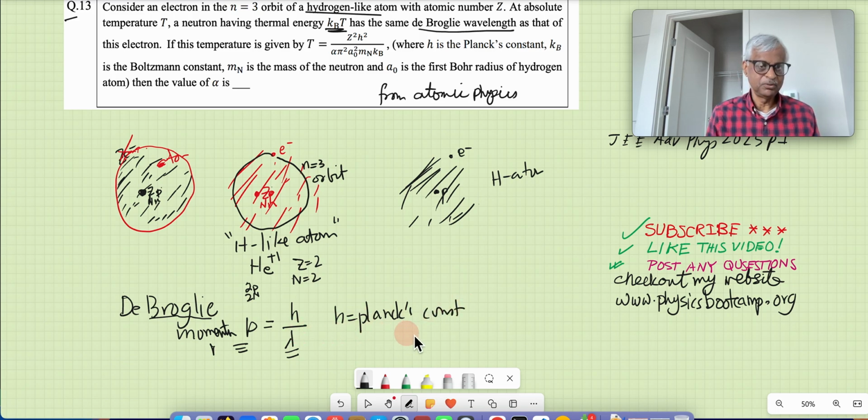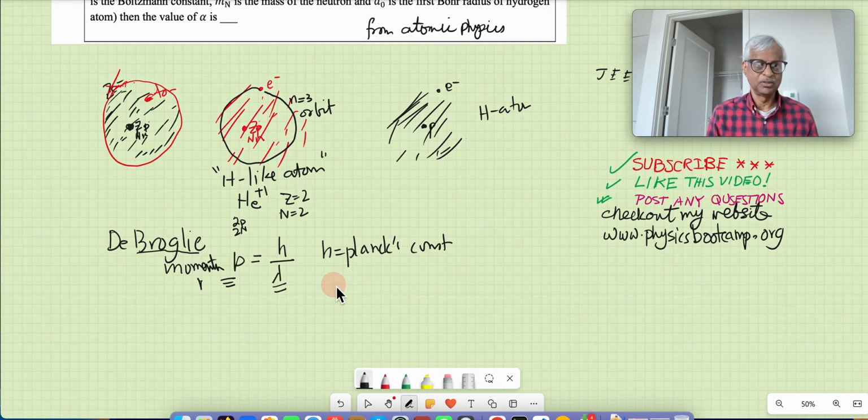He also showed that this electron, for n equals 3, will fit one wavelength, two wavelengths, three wavelengths. So it will fit three wavelengths in the orbit for n equals 3.